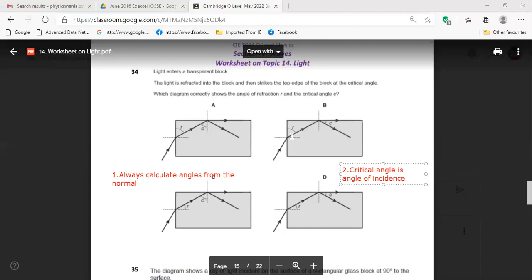And for B, both are wrongly labeled. For D, we have R correctly labeled, but C is wrongly labeled. Is it clear now? Take the snap and send it also. So our answer is C, right? Your answer is correct. For 34, the answer is C.